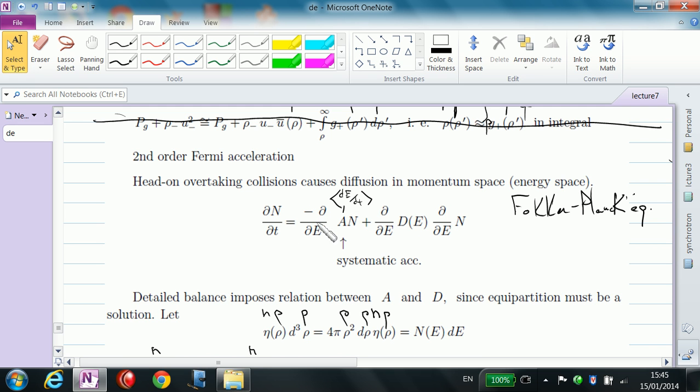But if you just solve dN/dt equals minus d/dE of AN, you'd solve it by the method of characteristics, and you'd show that everything just moves up in energy at a rate of A. The velocity, so to speak, in energy space, which is dE/dt, would just be A.